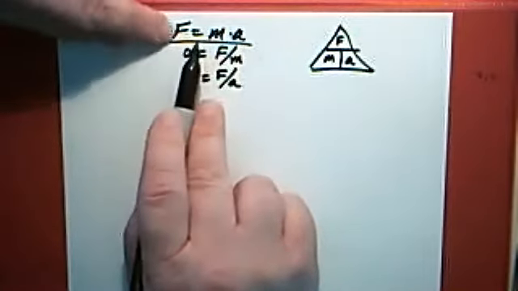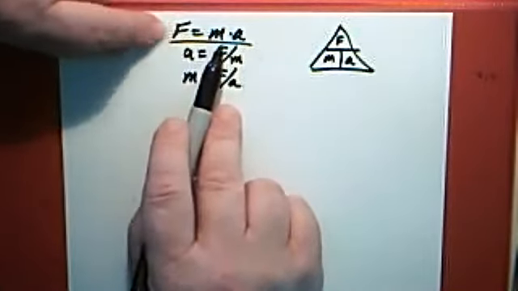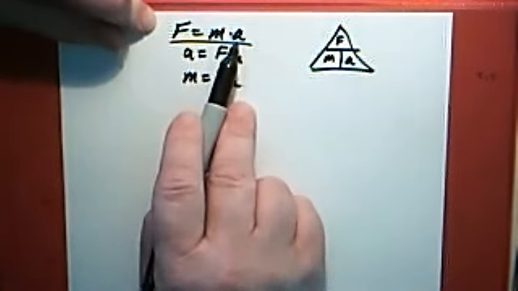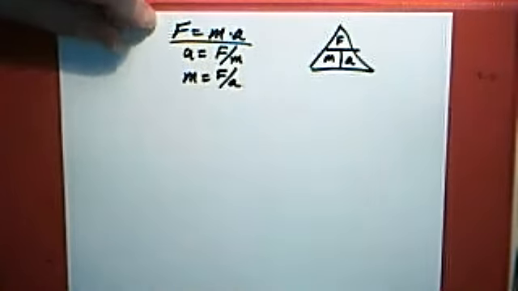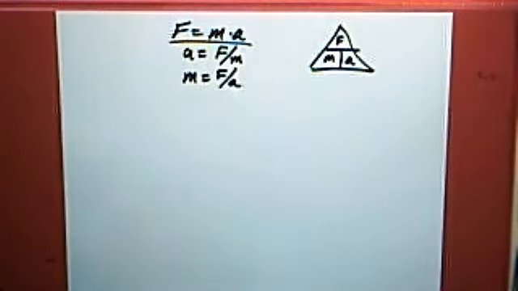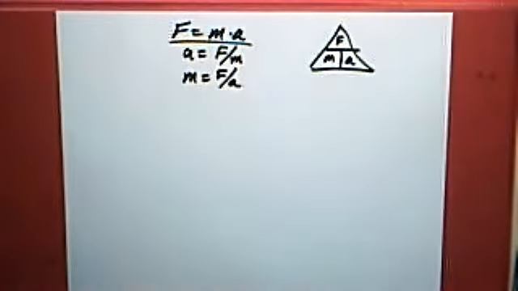So if you want the force to come out the same and you double the mass, you have to cut the acceleration in half. And vice versa. Okay, so that's things you can do with that equation.